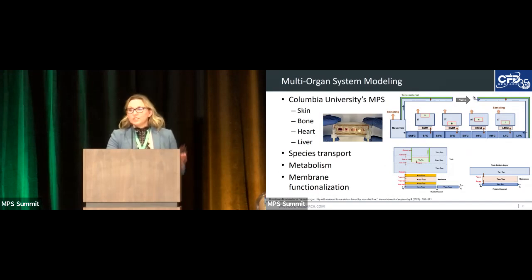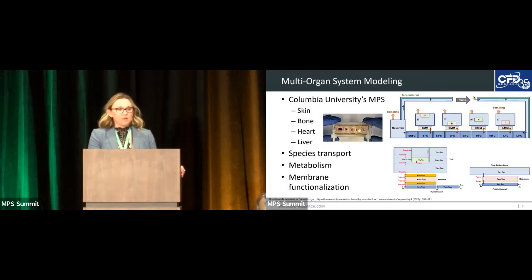So we've modeled these individual chips and we've looked at all the things that we can do externally, but now we want to look at, can we model multiple organs on a chip? You've probably heard Casey and Diogo talk earlier about their multi-organ chip, their 4-organ chip containing skin, bone, heart, and liver. We helped to support those modeling efforts.